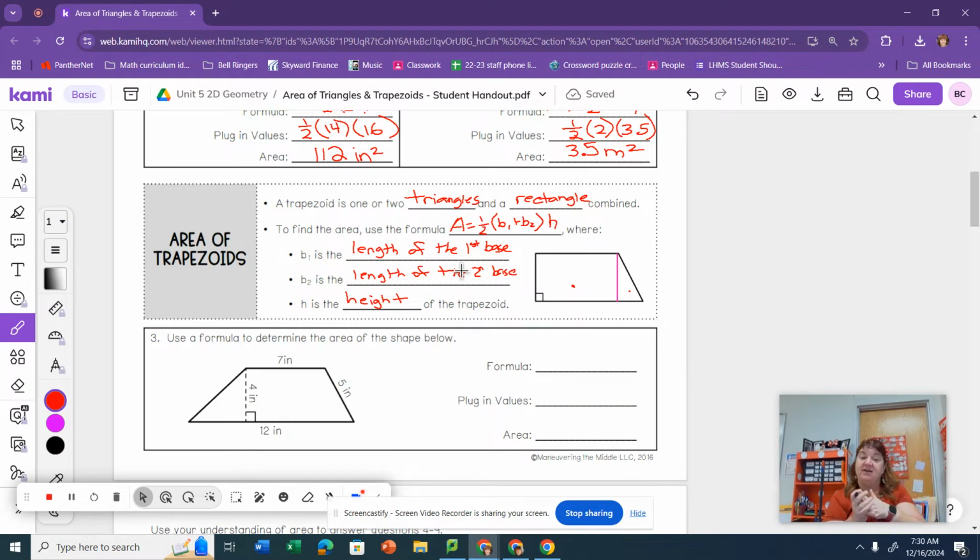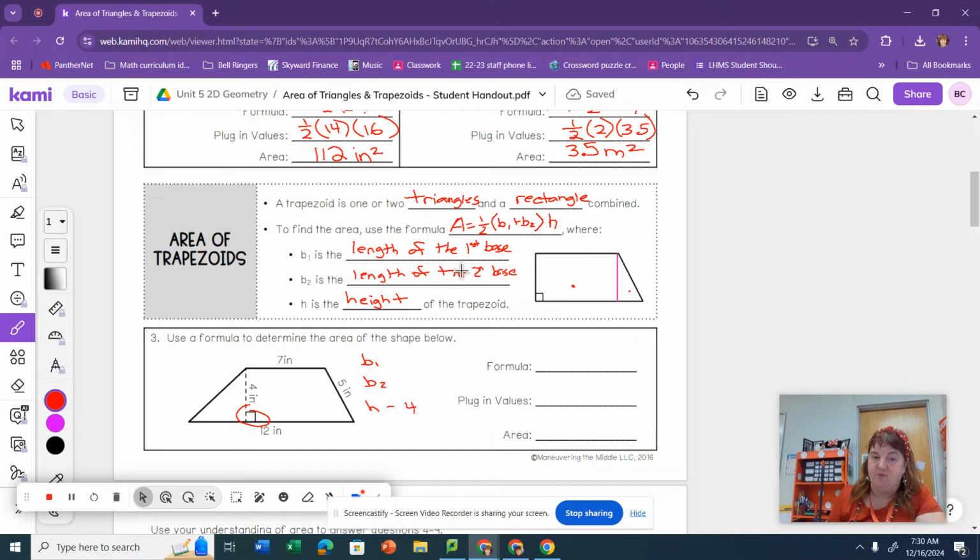Now, a lot of times these bases are not where you think they would be, okay? So let's take a look at this. When you see that right triangle, you know that you have the height. So let's fill in our B1, our B2, and our height. That right triangle gives me my height.